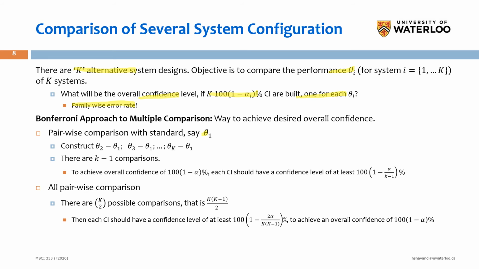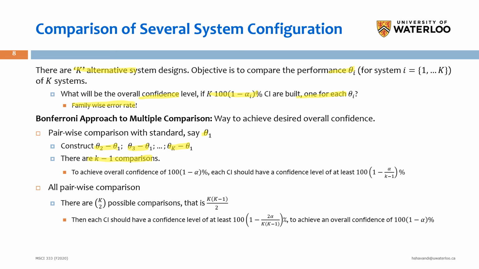So we will construct a confidence interval for theta 2 minus theta 1, and then another confidence interval for theta 3 minus theta 1 up to theta k minus theta 1. So as you see here, we will have k minus 1 comparisons, right? So we have k alternatives. We consider one of these, let's say theta 1, as the standard one, the base case, and then we will compare the rest with this one.